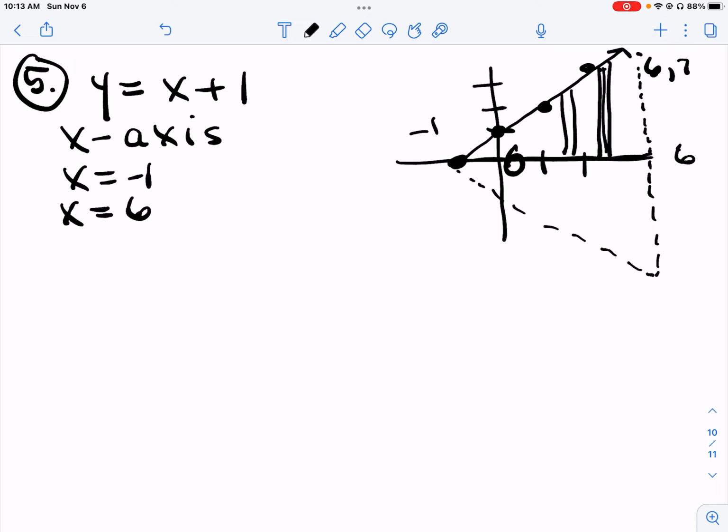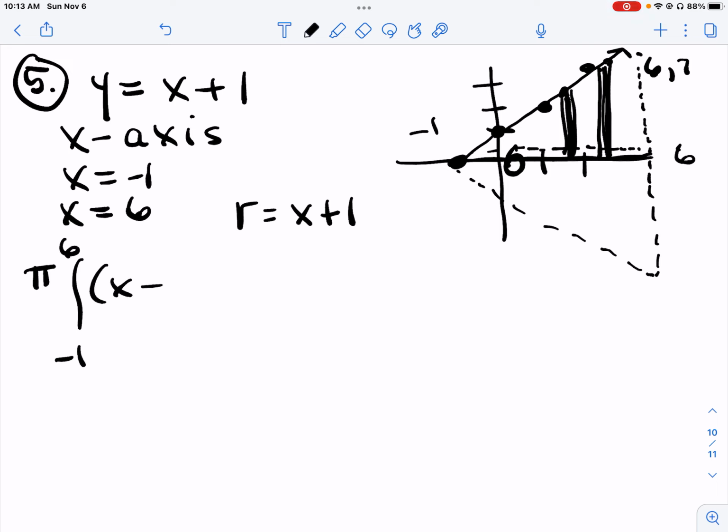So our radius is the height, which is y, and y is x plus 1. Okay, the height is x. So pi from -1 to 6 of x plus 1 squared, and the height is dx.